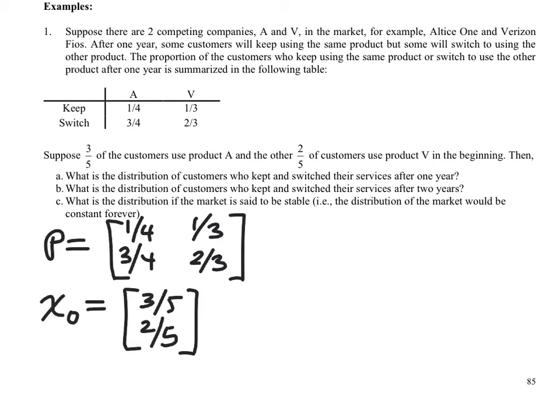In the long run, what percent of the population is going to end up with FiOS and what percent of the population will end up with Altus. All right. So I want to find X sub 1, or at least part A is only asking me for that. So X sub 1 would be equal to P times X sub 0.